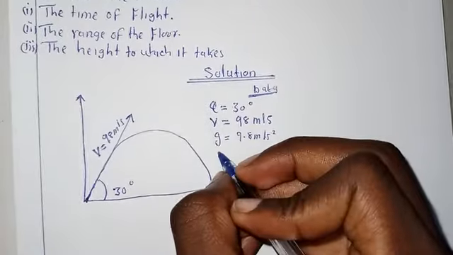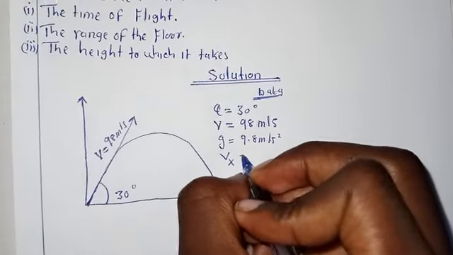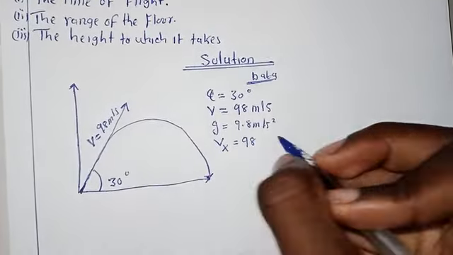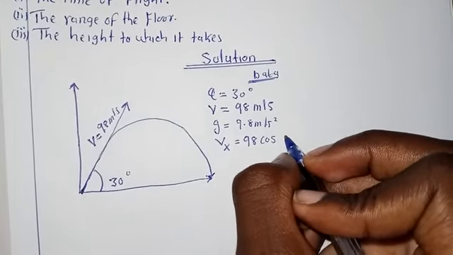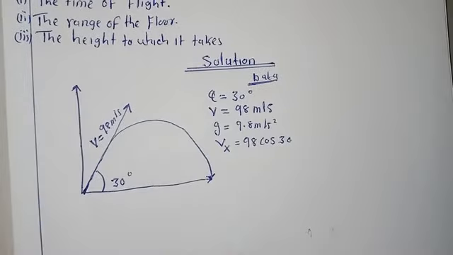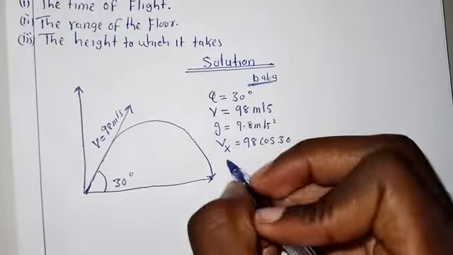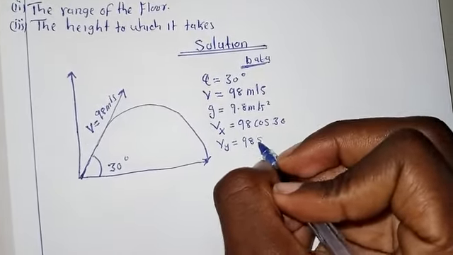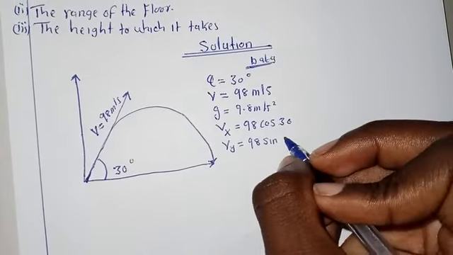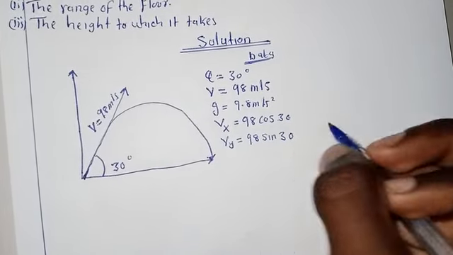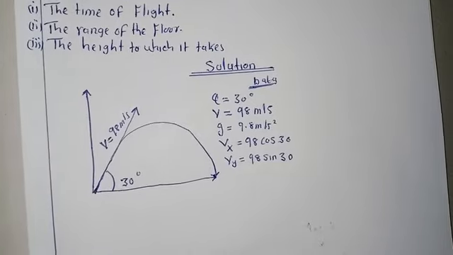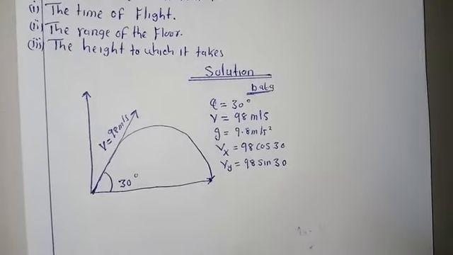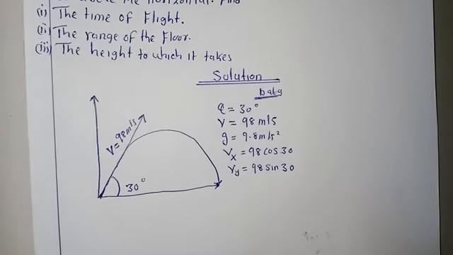Now, I know that my Vx is simply 98 cosine the angle theta. My Vy is simply 98 sine the angle theta, like that. All right, so from what we have gathered here, we are able to solve the needful.